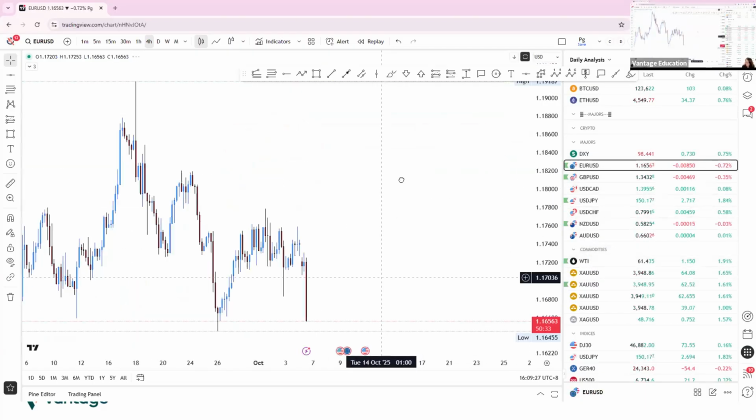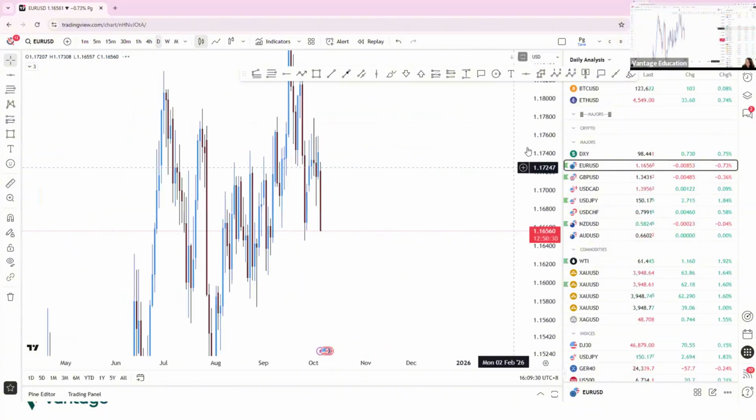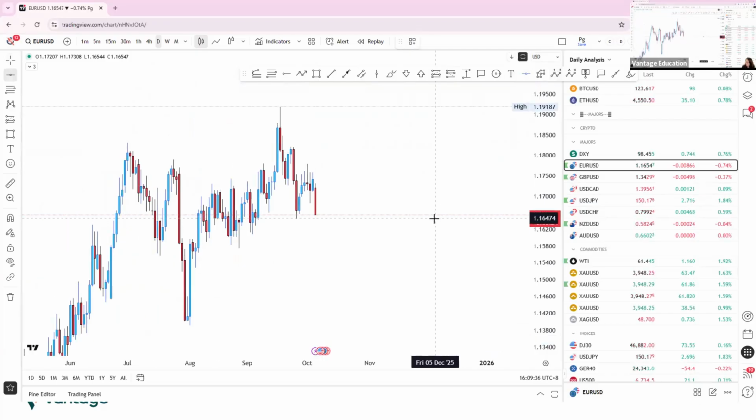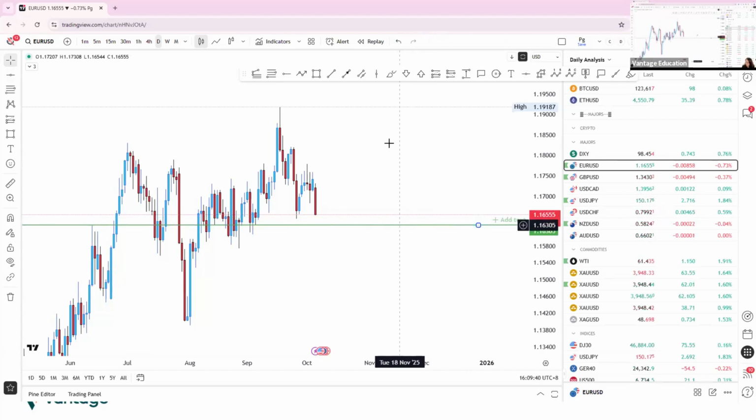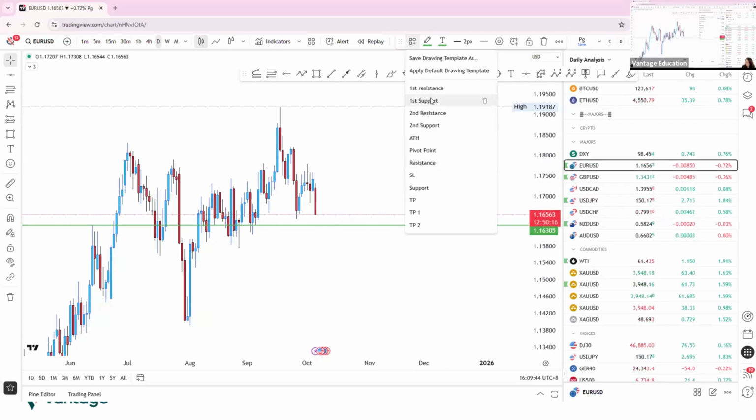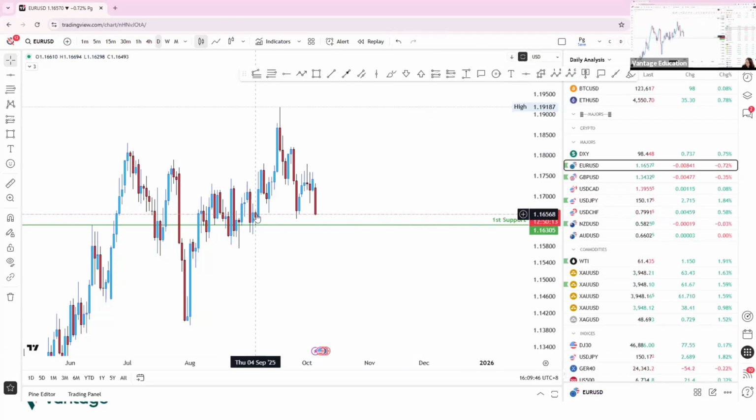Okay, so now let me look at EURUSD first. I think it's going to break above the support level. I'm going to put here my first support. The demand zone is taken because of this one. And this is the D1 time frame.